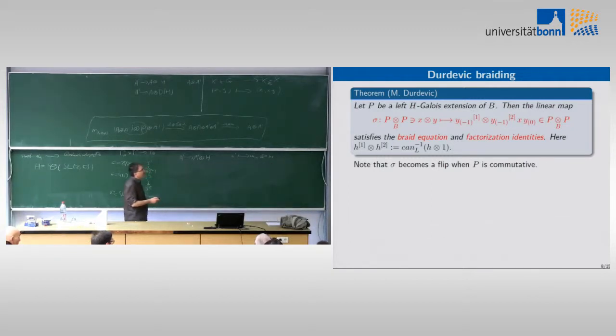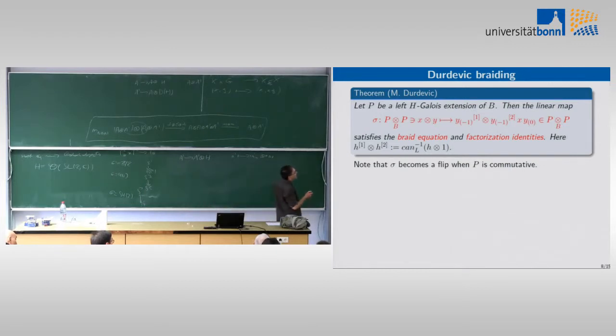Well, at this moment you can protest, because I told you I'll notice a braiding for algebras, for tensor products over the field, but it doesn't matter. The braid equation, you can write it down. You can assume that this is a B-bimodule map, and you can write it down even if it's a tensor product over something more general, so there's absolutely not a big deal about it. Okay?